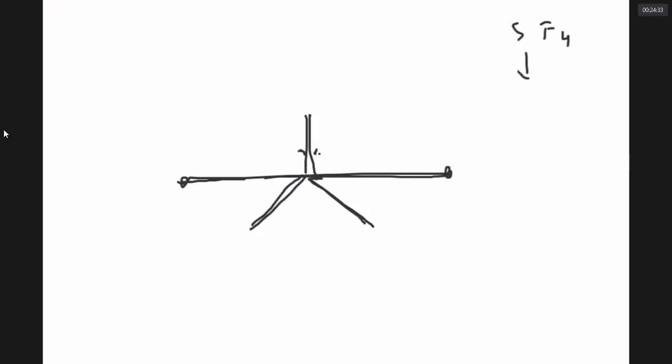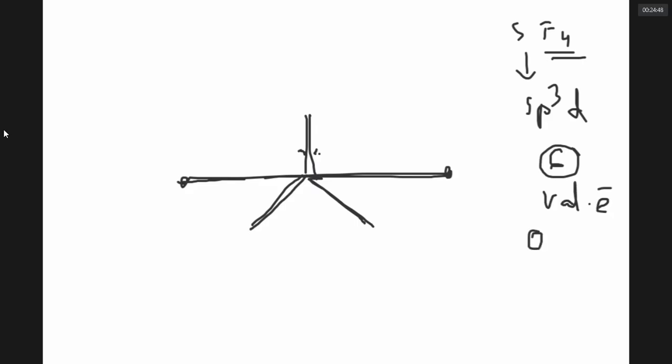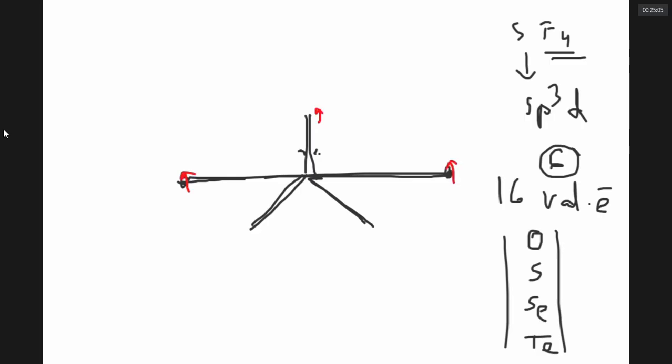In SF4, sulfur uses sp3d hybrid orbitals, but the sulfur has how many electrons? 6. Sulfur has 6 valence electrons. Oxygen, sulfur, selenium, tellurium, all have 6 valence electrons. They are in the 16th group, called chalcogens. How do you arrange the 6 electrons? 1, 2, 3, 4, 5, 6.